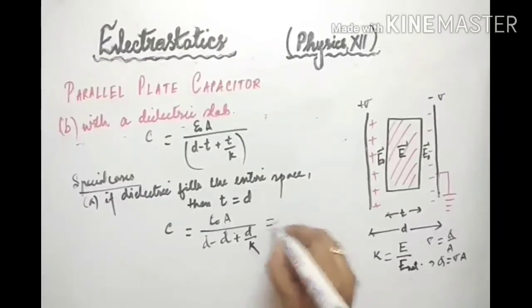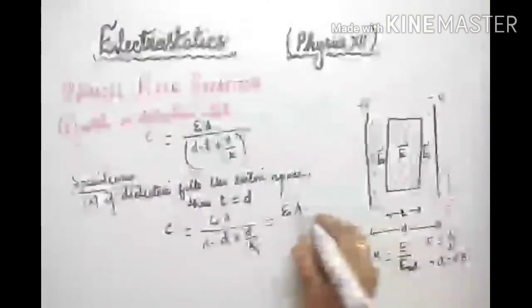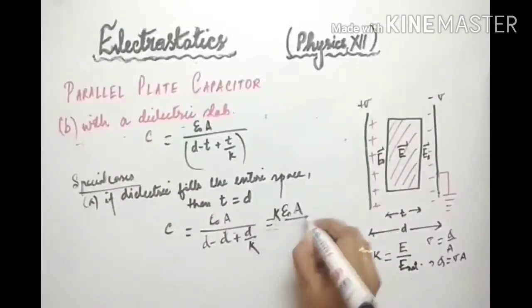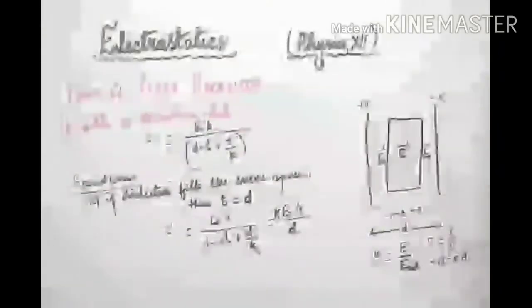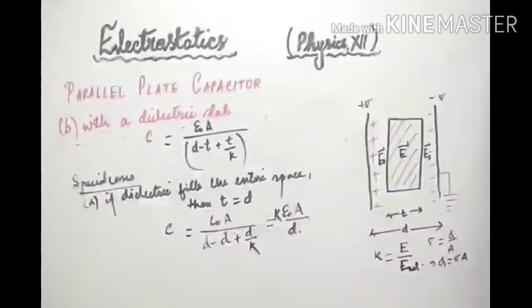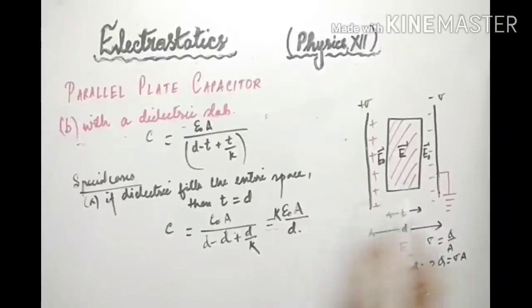So then what we will get? Epsilon naught A K by d. This is similar to the case where there was no dielectric between the parallel plate capacitor, where we got epsilon naught A by d.